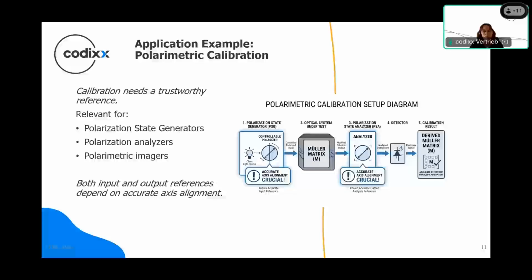Both depend on accurate polarization alignment, because if the generator is slightly wrong, the input state is not exactly known, and if the analyzer is wrong, the output state is not measured correctly. This is why a high axis accuracy improves the trustworthiness of the calibration process. Both input and output reference depend on it, and there's also the question: which one do you trust, the polarization state generator or the analyzer?